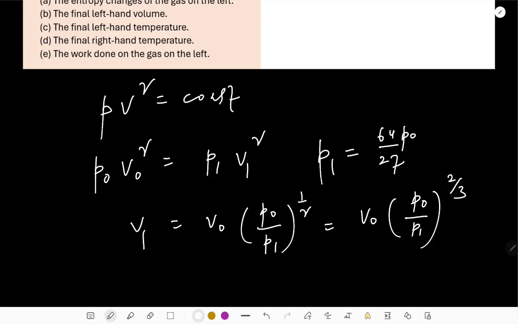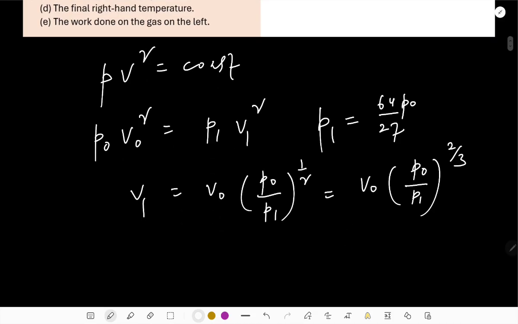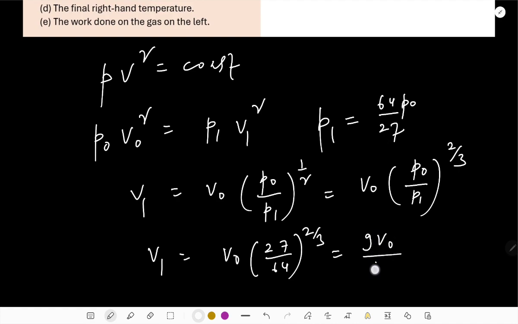And since P1 is 64 by 27 P0, V1 becomes V0 times 27 by 64 raised to 2 by 3. You can calculate this and you will get 9 V0 by 16. This is the left hand volume in the new equilibrium.